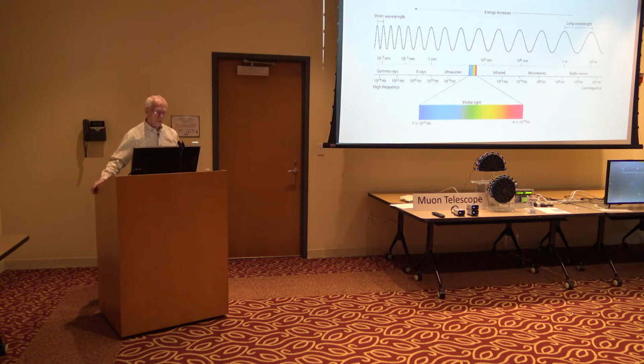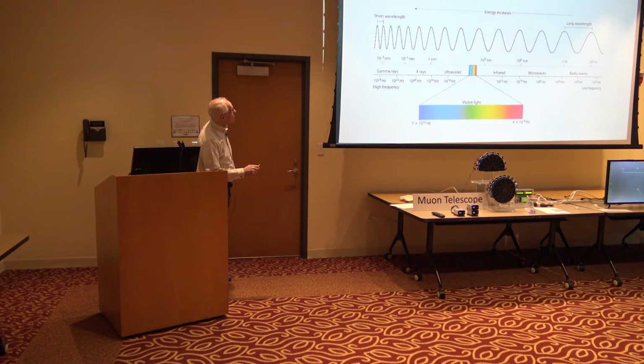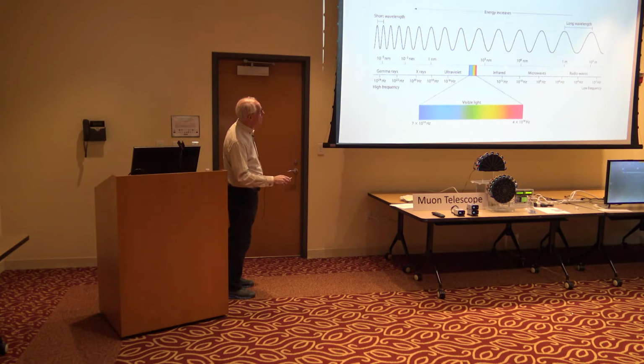The other source of radiation, I try to bring it together so people can see, is basically gamma rays and X-rays. All of these rays, including ultraviolet light, infrared, microwave, and radio waves, are all particles called photons.